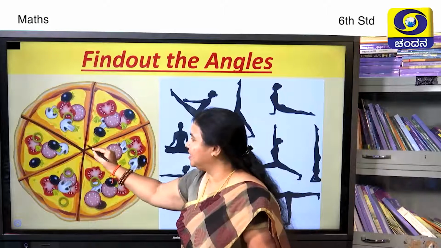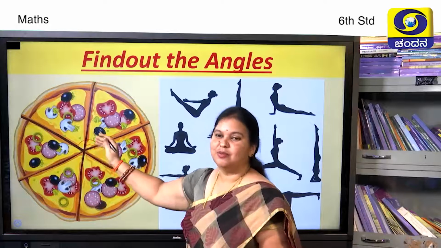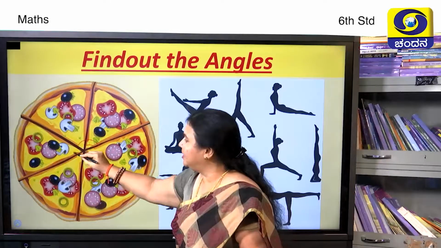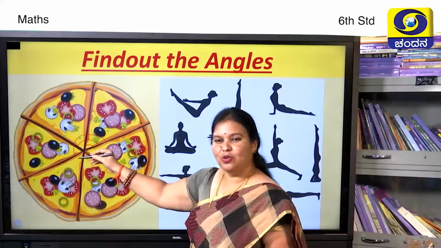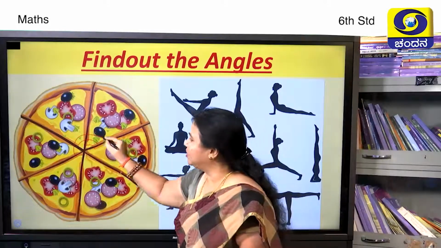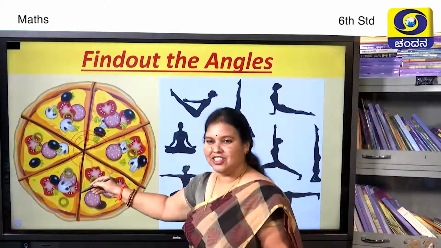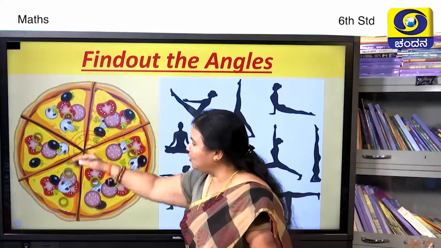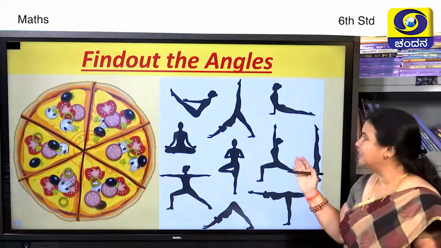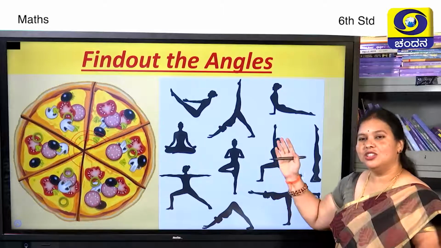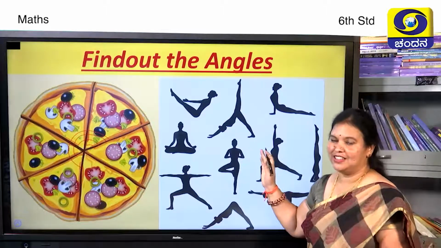So, this is an acute angle and this one is an obtuse angle, more than 90 degree, and this one is a straight angle which is equal to 180 degree, and this one represents a reflex angle which is greater than a straight angle, and the whole pizza represents a complete angle, isn't it? So here are some yoga poses. Here also you can find many angles. Observe this and find the angles in this picture.